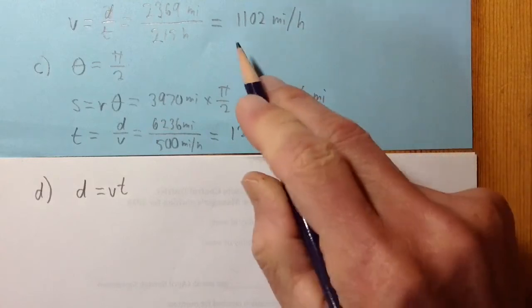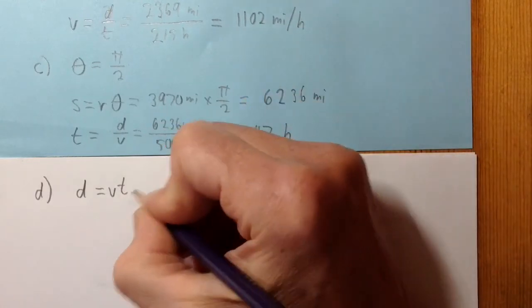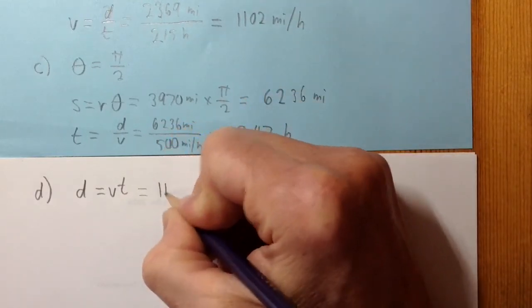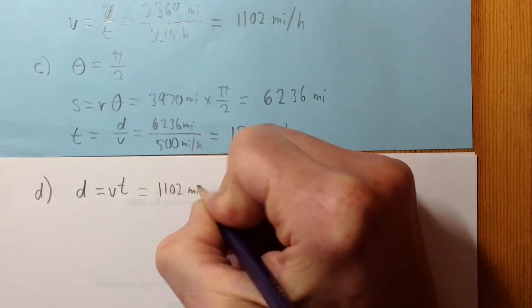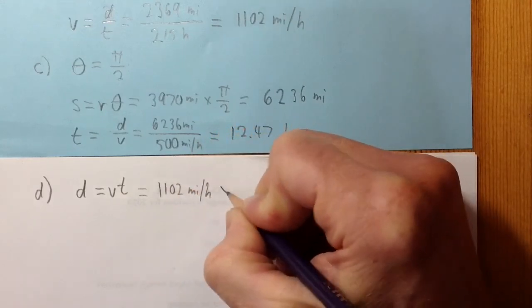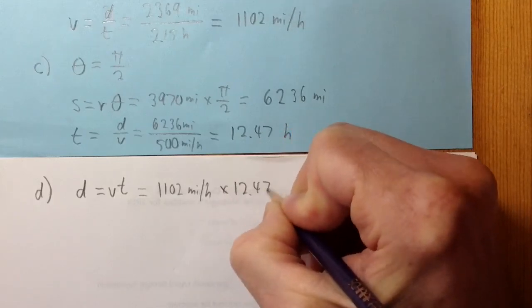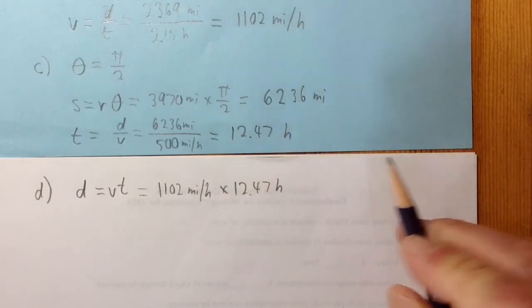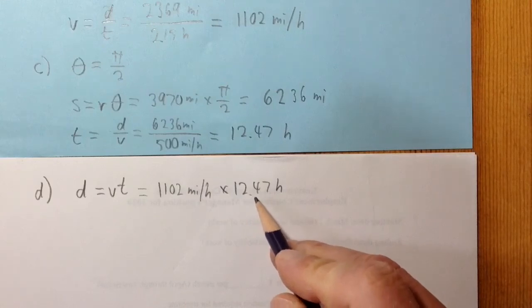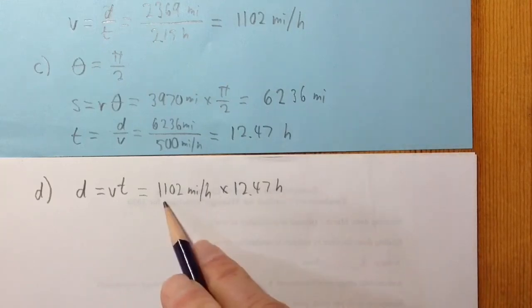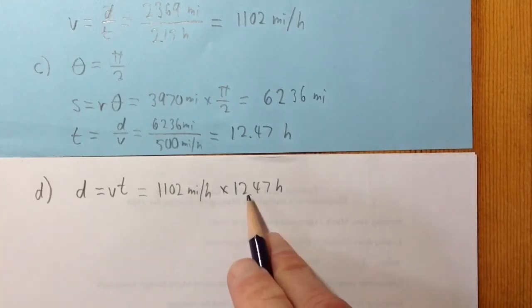We figured out the velocity of the satellite in part B. It's going 1102 miles per hour. And we know how long it took because it took the airplane 12.47 hours, and they go together. The satellite's always right above the airplane. So the distance the satellite goes is 1102 miles per hour times 12.47 hours.